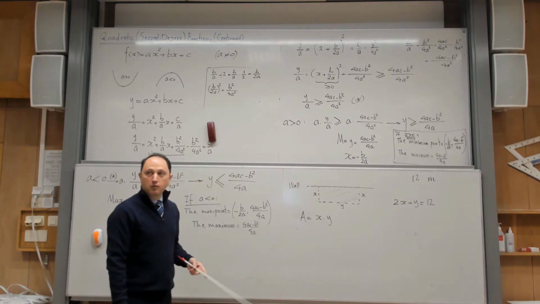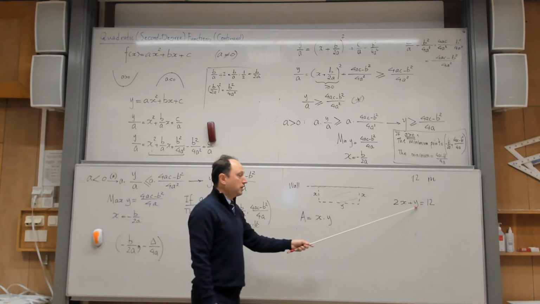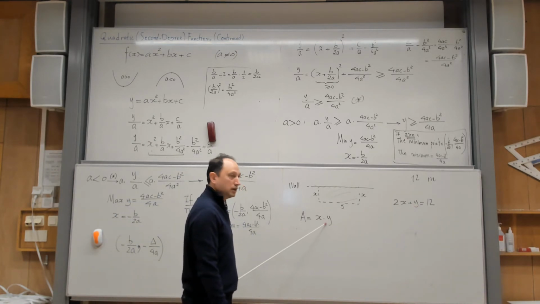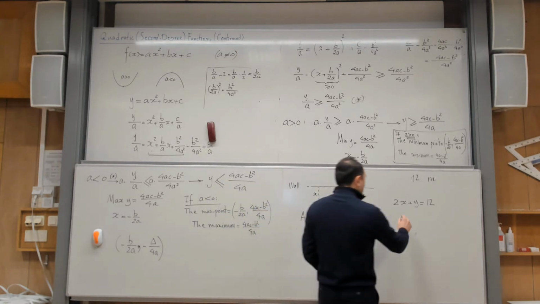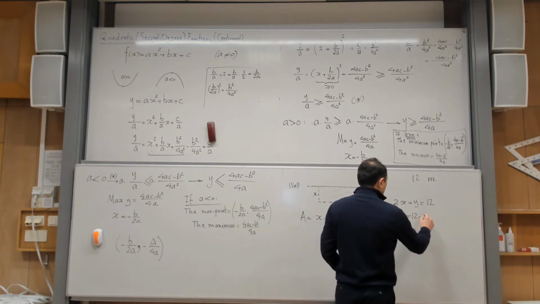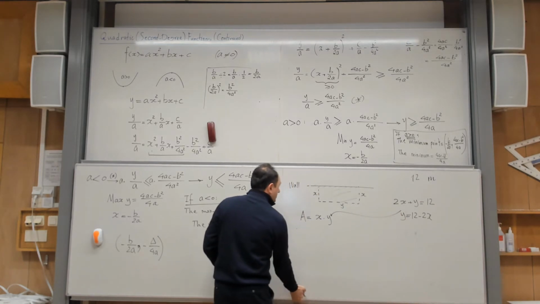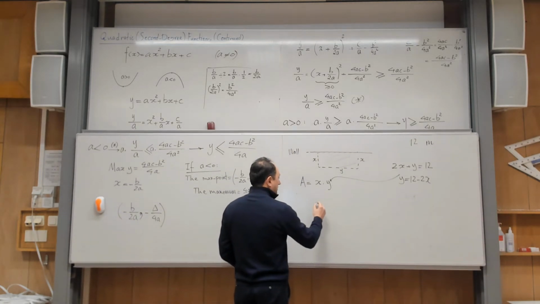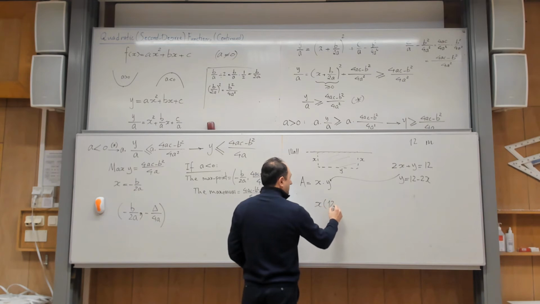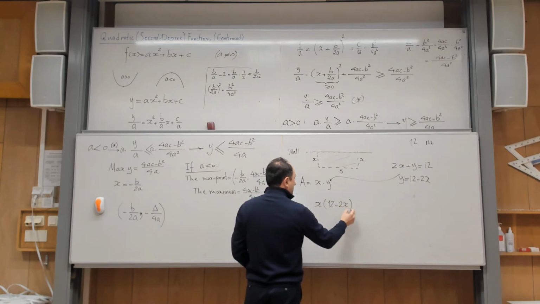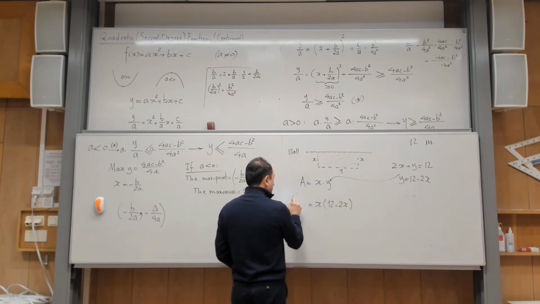I calculate y from this equation and put it here. So y becomes 12 minus 2x, and I plug it in. This becomes x times (12 minus 2x). This becomes the area.